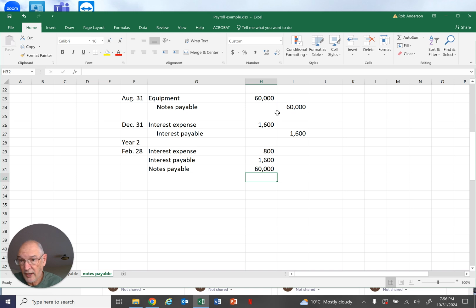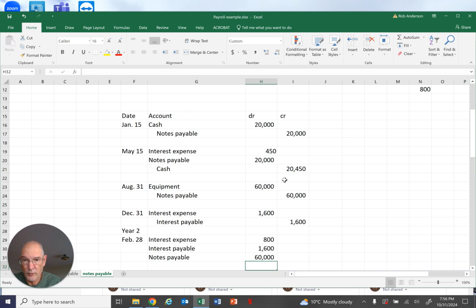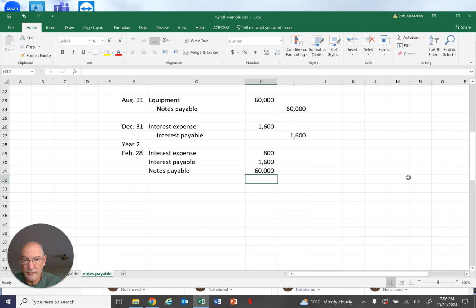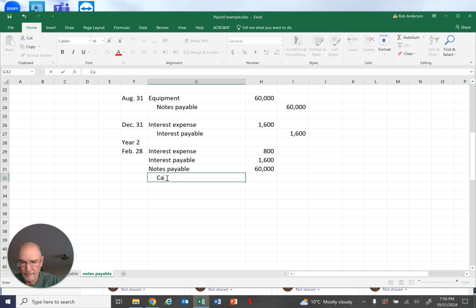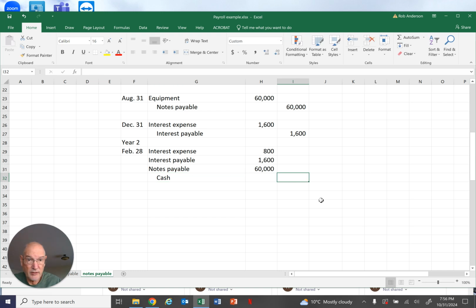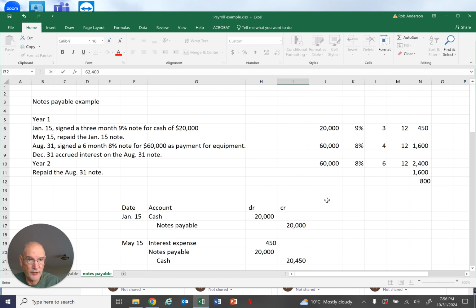So now we have an idea of how much money we have to pay, which is simply the maturity value of the note, which is 60,000 times 8% times 6/12 for interest, plus the 60,000. So we add these together and we pay the cash. And that would be $62,400.